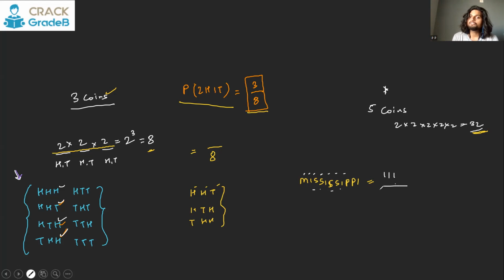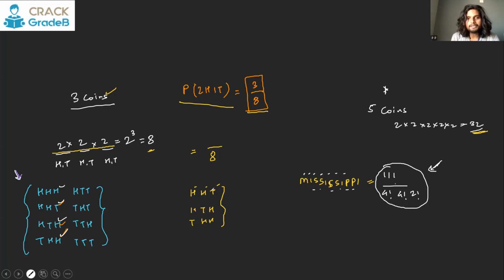There are 4 S, so you write 4 factorial. There are 4 I's, so you write 4 factorial. And there are 2 P's, so you write 2 factorial. These many different words can be formed with the letters of the word Mississippi. This is what we did. So you have to consider Mississippi as an example. Whenever we say Mississippi, this question should pop up in your mind.